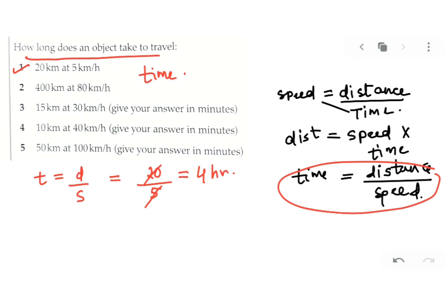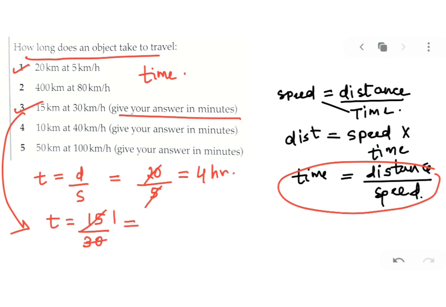Yes. Shall we jump on to the third? In that you have to give your answer in minutes. First find the time, and then we will convert into minutes. Distance is given as 15 kilometer and speed is given as 30 kilometer per hour. That will be 1 upon 2. That will be 0.5 hour.